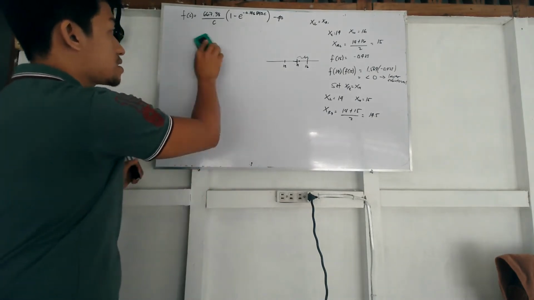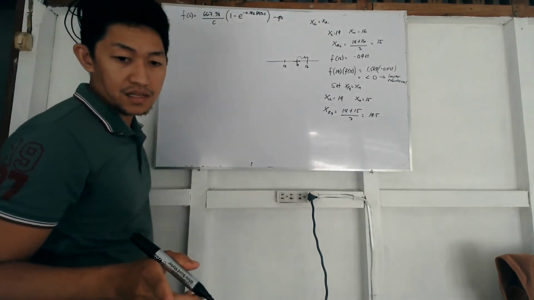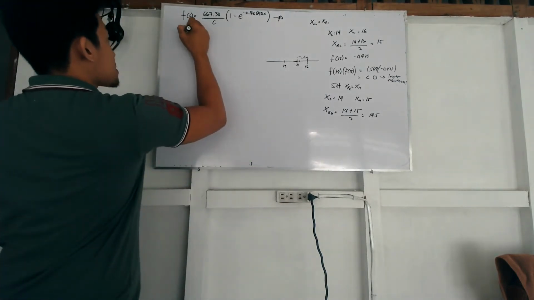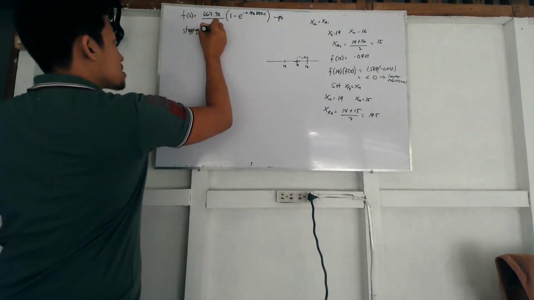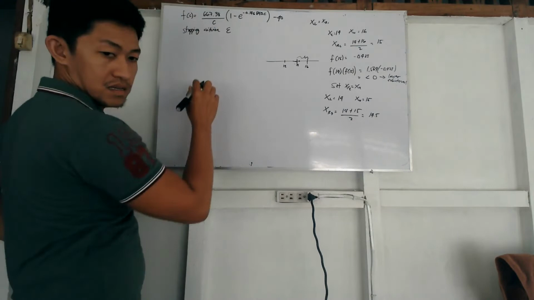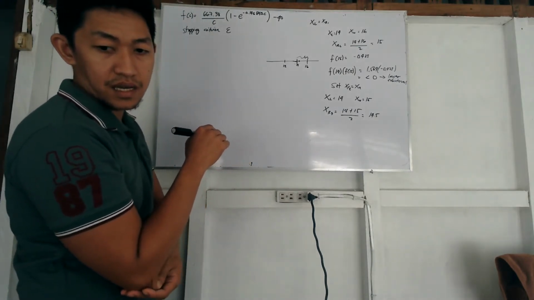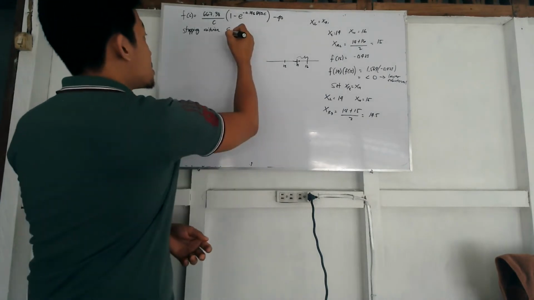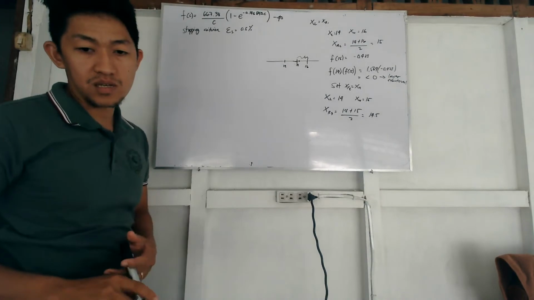Our stopping criterion is that the approximate error is less than 0.5%.